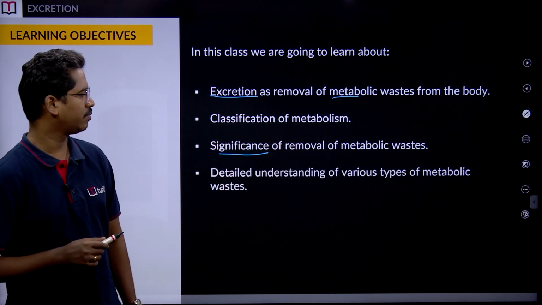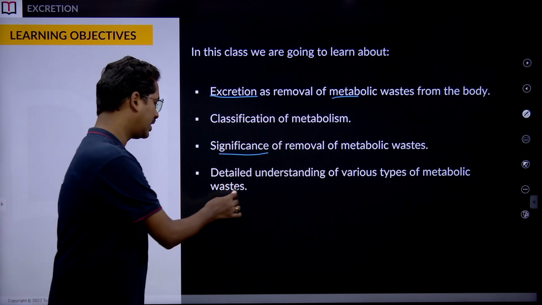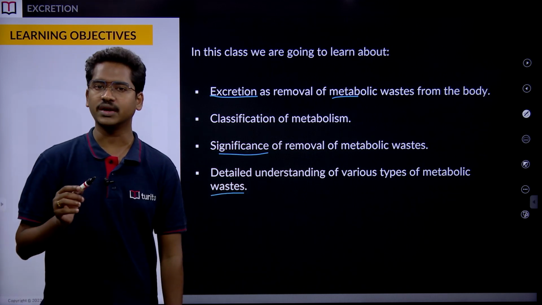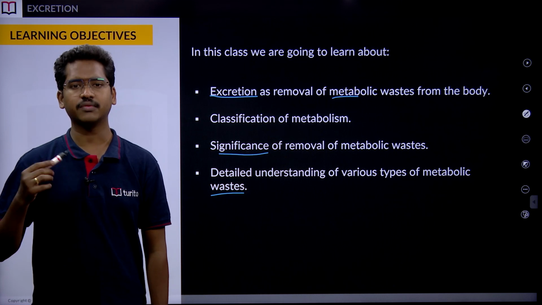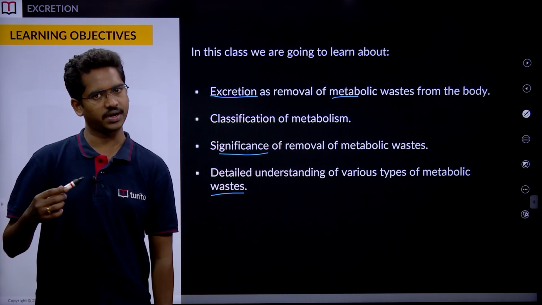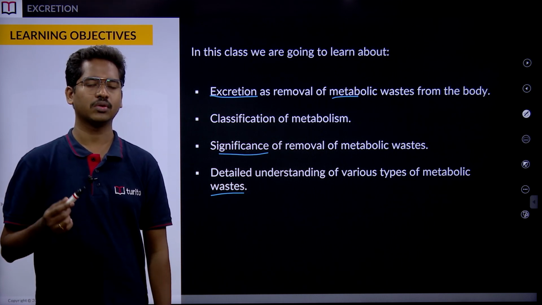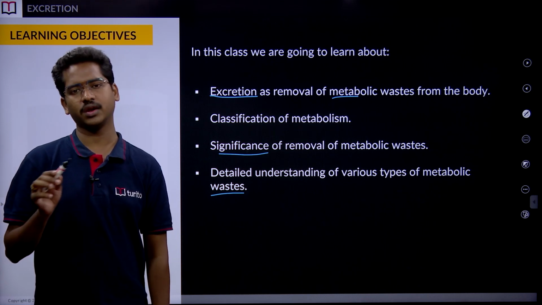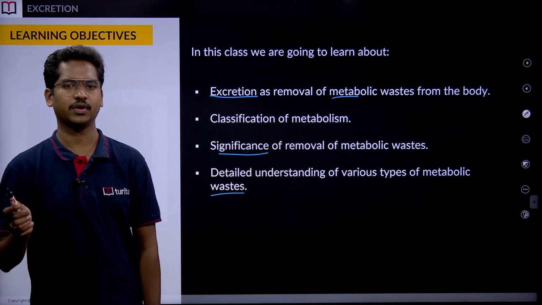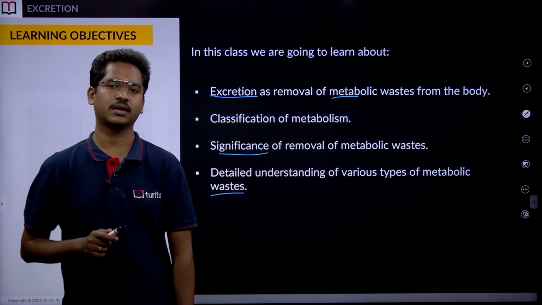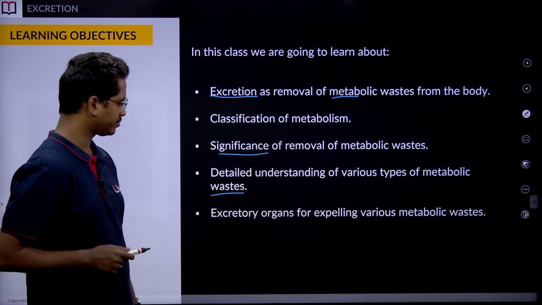Followed by that, we will be understanding the significance, how important it is to remove the metabolic wastes out of our body. Then we will have a detailed understanding of the different types of metabolic wastes. Metabolic wastes themselves are of different types, because different organisms release their wastes in different forms. We will analyze how different they are.